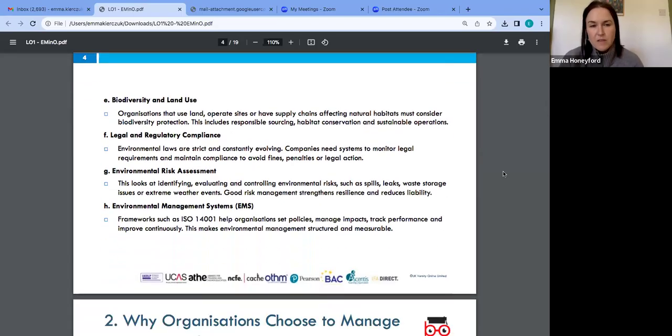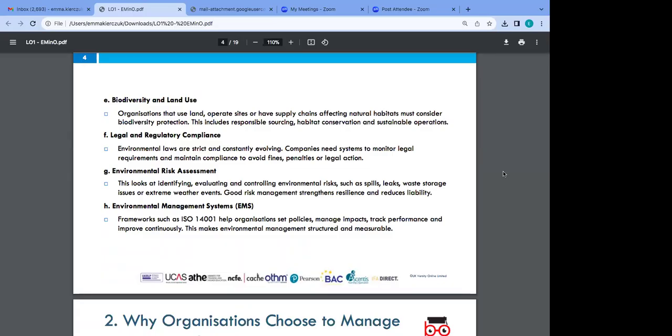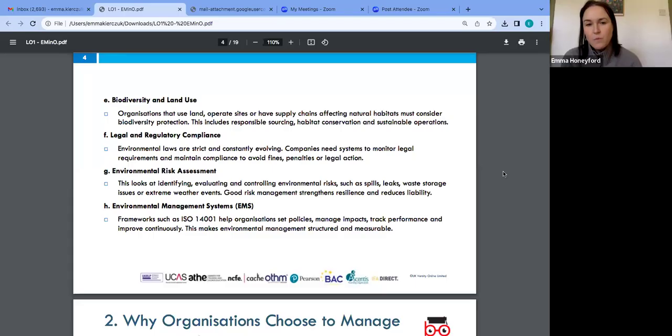And then we have environmental risk assessment. So this looks at identifying, evaluating, and controlling environmental risks. This would probably be something that you would deal with if you were to get into flood management, in any kind of role. You'd need to understand risk assessment, what the risks are if a river floods, which is constantly the case in this country at the moment.